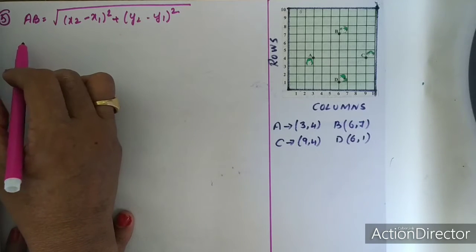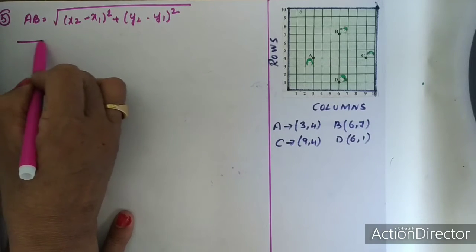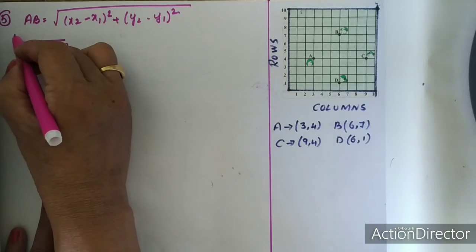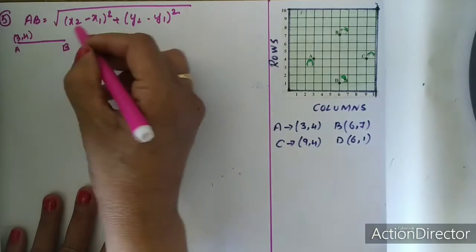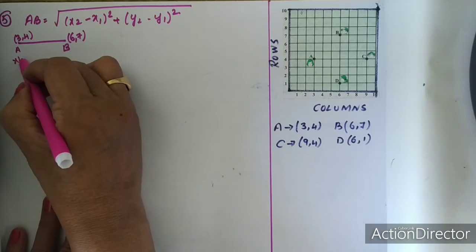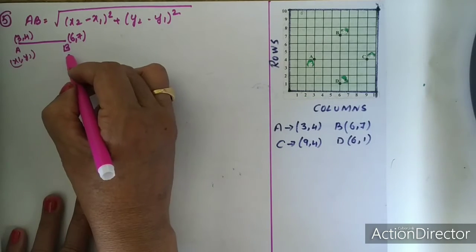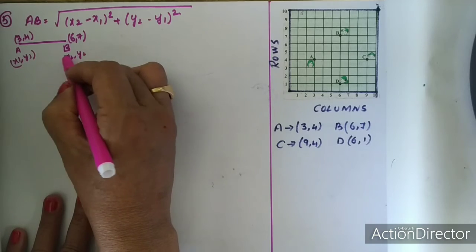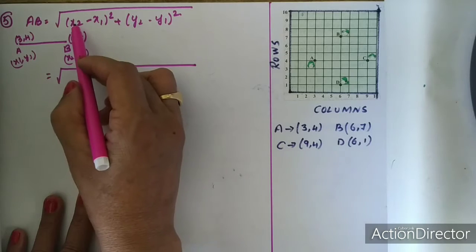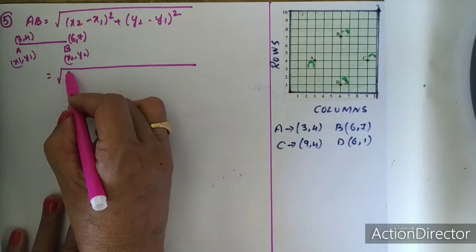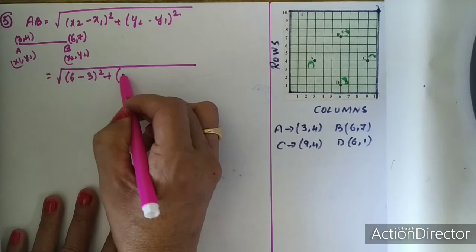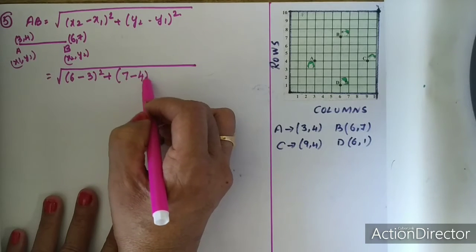As you were told earlier, draw AB over here so that it will be very easy for you to calculate. So what is A over here? (3, 4) and B is (6, 7), and mark it below x1, y1 and x2, y2. So let us put the values now. Under root of, what is x2? x2 is 6. (6 minus 3) whole square plus (7 minus 4) whole square.